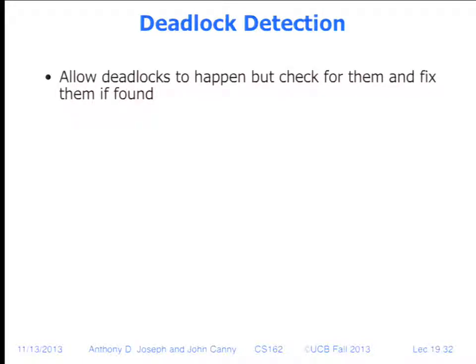Okay, so let's move to deadlock detection. That's a less conservative strategy. So we allow potentially cyclic dependencies to occur because they won't always cause deadlock. I said potentially cyclic because transactions may have orderings that are going back and forth in time.